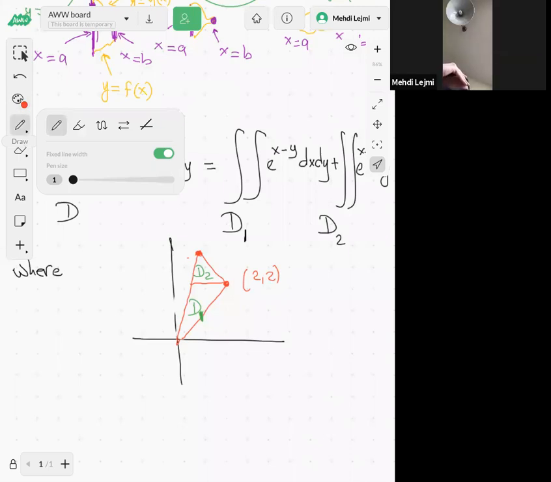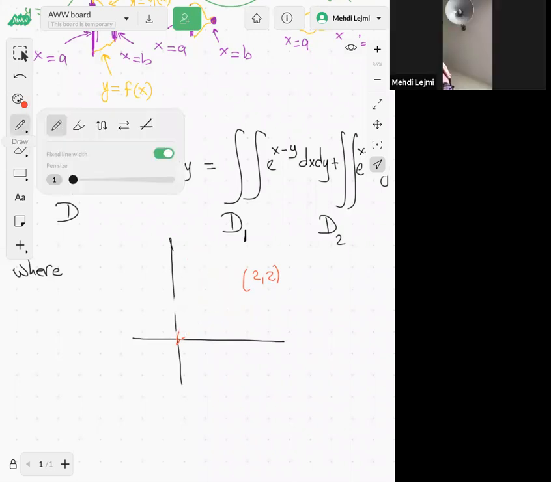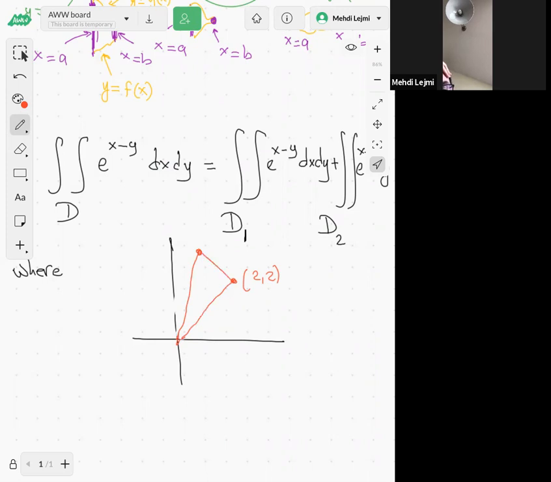So let's say D1 is this line here. So this is D1 here, and D2 is here.